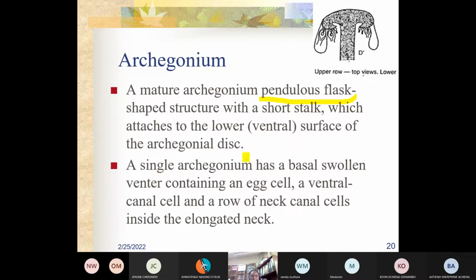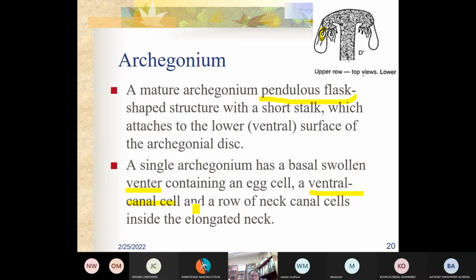And then you have a ventral canal. You have the venter, which is the part which is big, rounded. And you have the canal, which is this part that, in the flask, is a bit constricted.